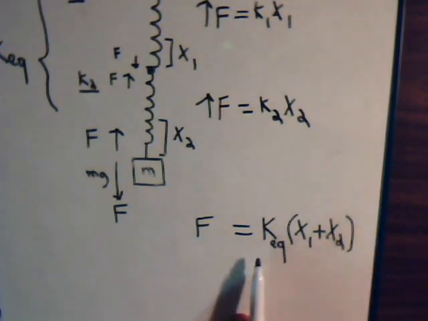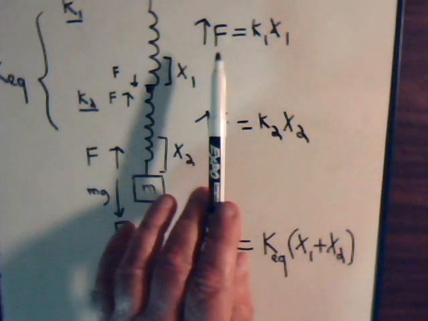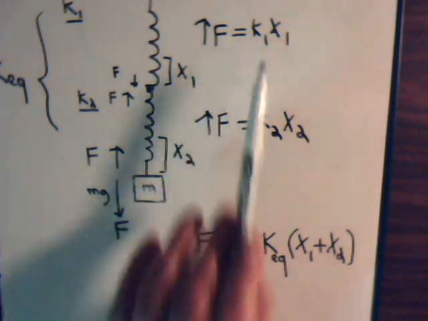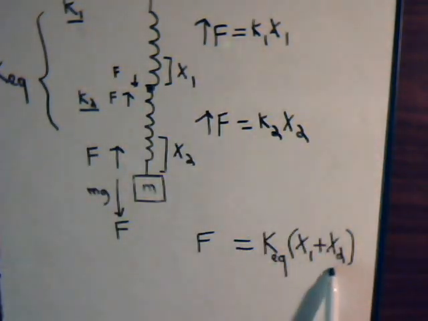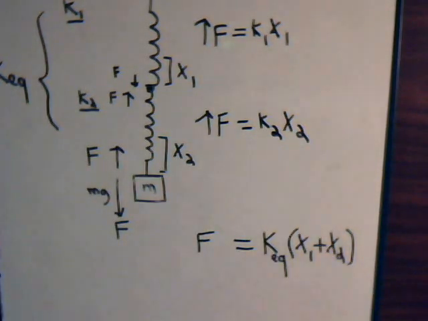Well, here in this equation, if we want, we can replace x1, that will equal F divided by K1. And we can replace x2, that will be F divided by K2. So let's rewrite this equation.